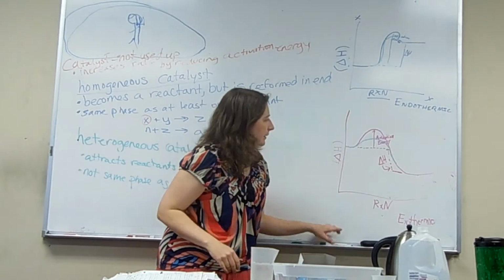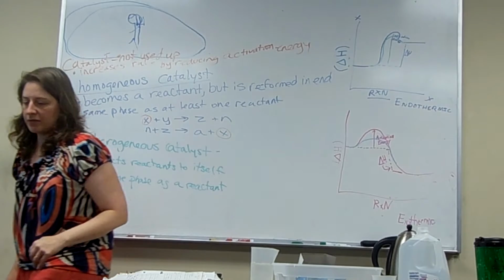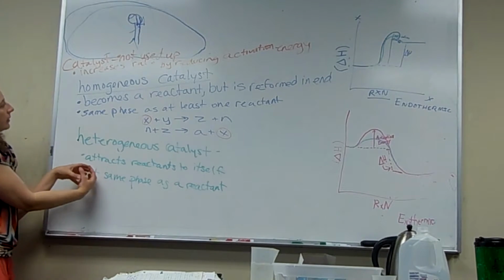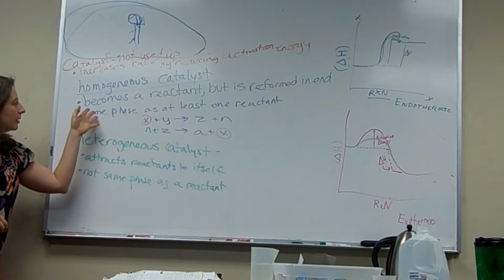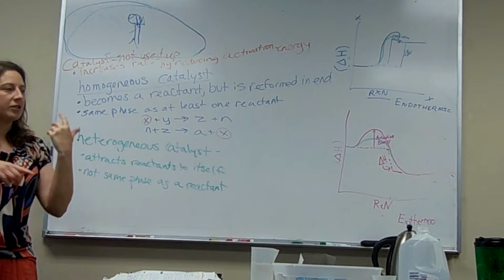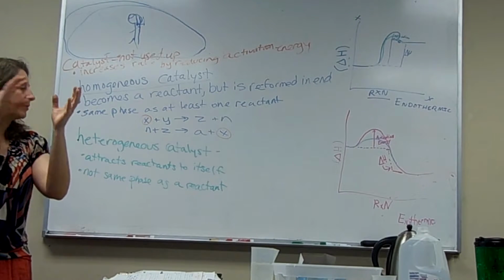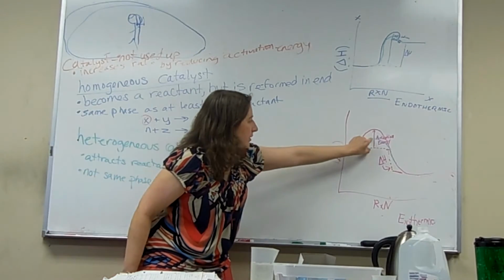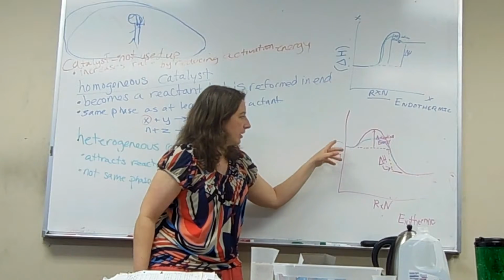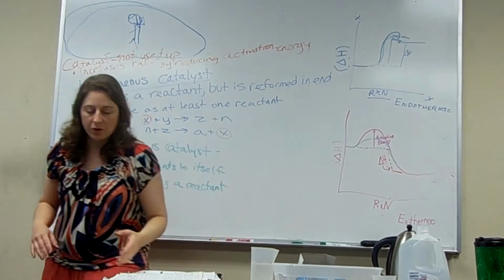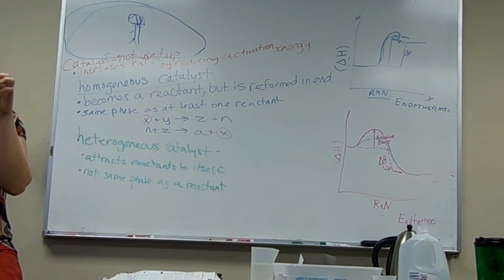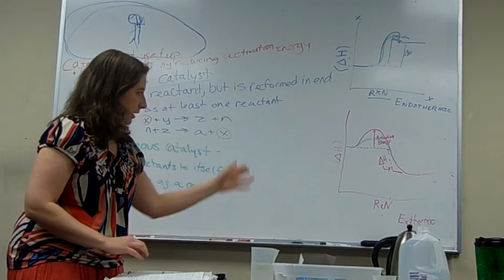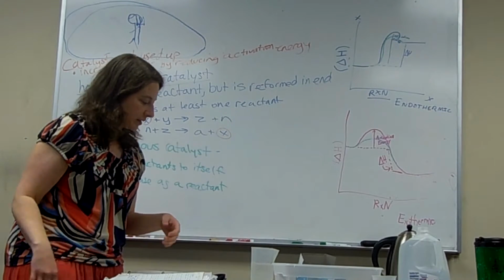So that's what a catalyst is going to do, is just decrease the activation energy, either by increasing the concentration in a little area, or by introducing an extra step in the reaction, helping to form this, which then doesn't have as large an activation energy as it would without being able to form that kind of middleman step, and then being able to form those same products in the end.